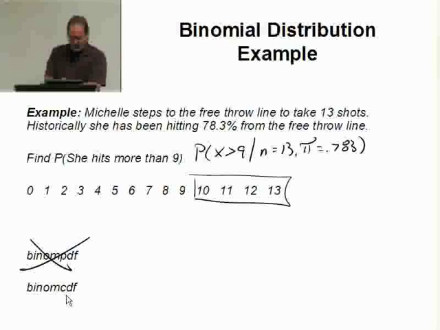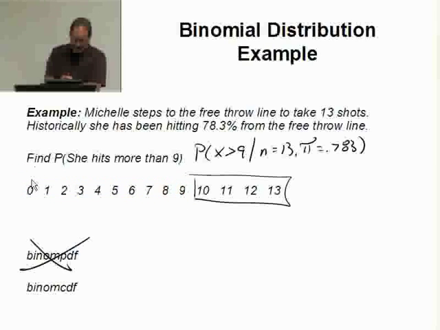Unfortunately, the CDF starts at 0 and keeps going until I tell it to stop. So I can't tell it to start at 10 and stop at 13. But I do know that if I add up all of these probabilities, it's going to be 1. That's too big. How much too big? It's going to be this much too big.